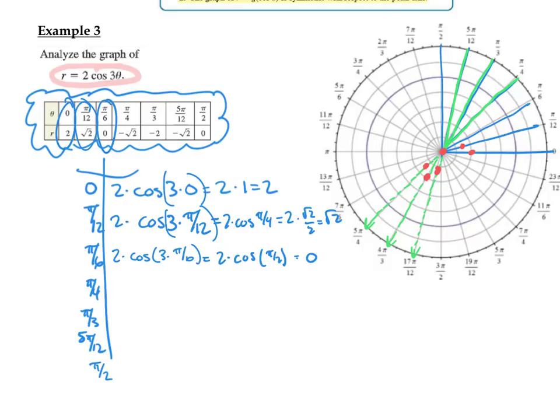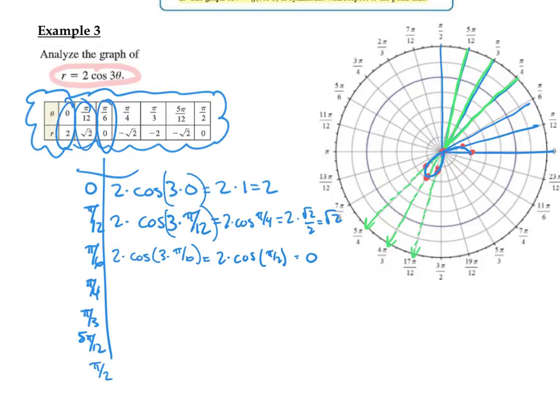Okay, so let's look at what just happened. And I want you to pay close attention in real time. We went here, here, here, here, and here. So what I want you to see, and we're going to use some knowledge of symmetry about the origin to reflect some of this stuff.